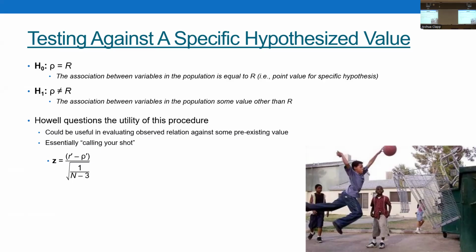Z-test, yeah, it's similar, but what specific Z or T does that look like? Single sample T-test, yeah. It's just a single sample t-test formula, right? We just have our observed value minus our reference value over standard error. This is just a single sample t, except we're using correlation values.